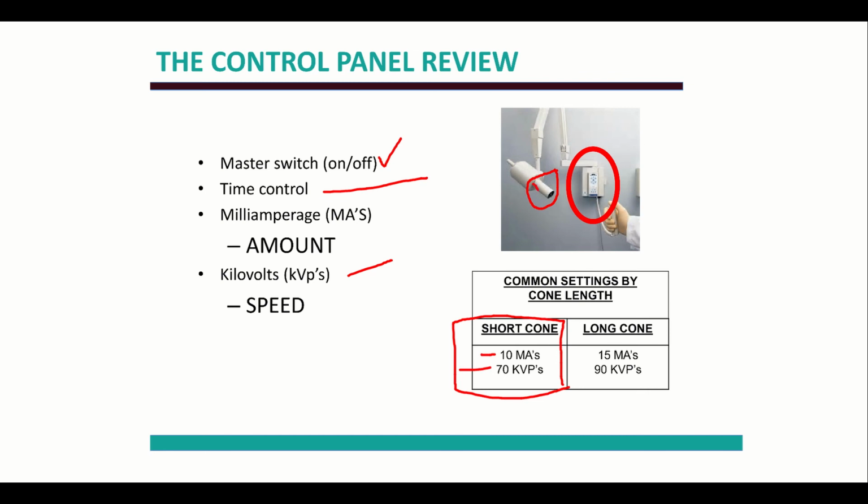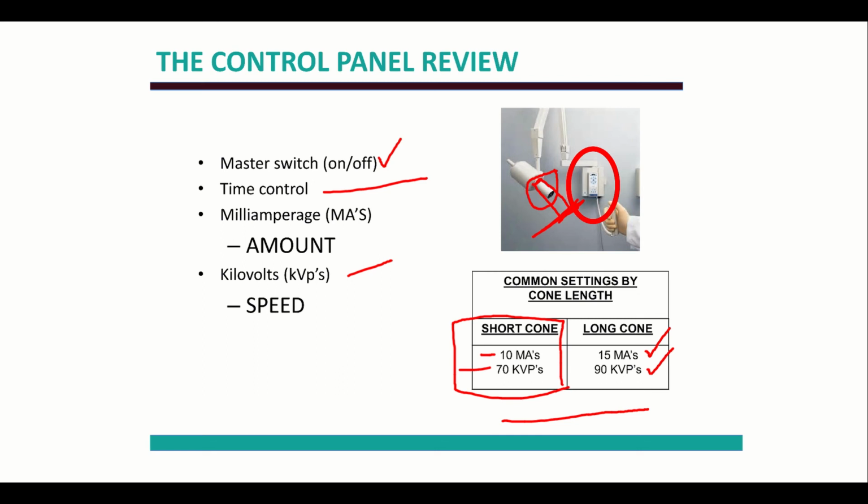If you use a long cone, usually like 12 to 16 inches, then you need more mA or electrons and more speed of the electrons in order to get the same quality X-ray, because the photons are going a further distance, right? So the longer the cone, we would increase the mA and the kVp.